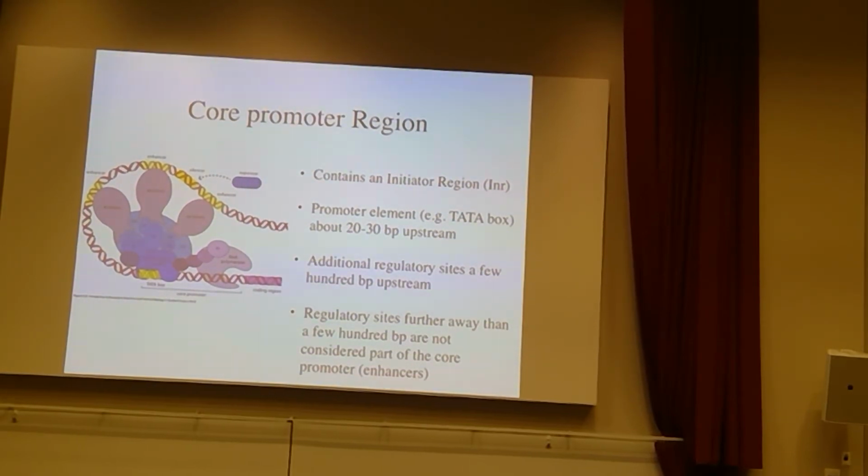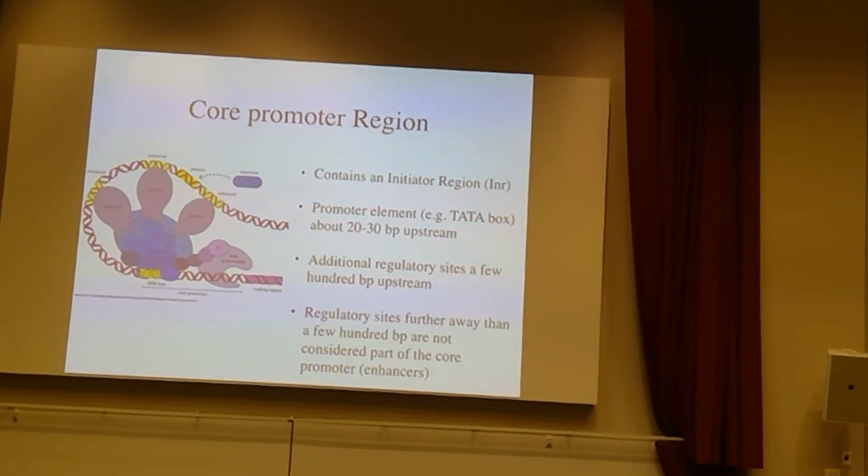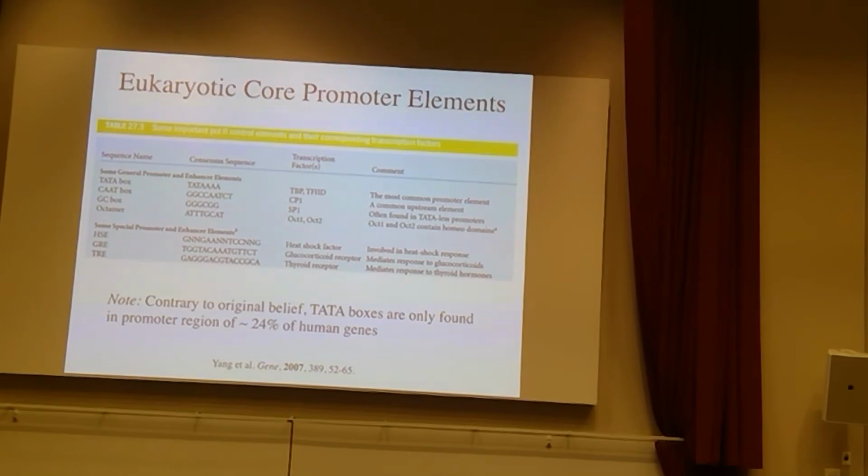They can be fairly close by, or hundreds, even maybe thousands of base pairs upstream. The ones that are closer by are called the enhancer regions, and additional regions can also be present that bring in these transcription factors and activators that allow the polymerase to be associated with the promoter region.